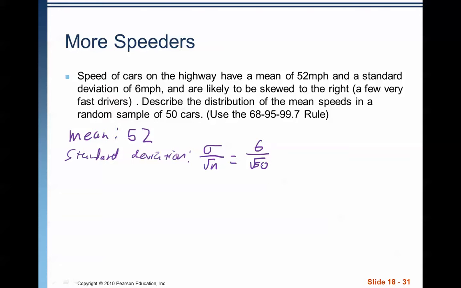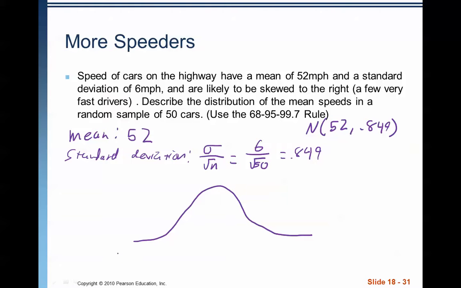Looking at my calculator here, 6 over the square root of 50 is 0.849. All right. So the normal model that we're going to use is a mean of 52 and a standard deviation of 0.849. Let's go ahead and draw out our normal model and use this 68, 95, 99.7 rule.